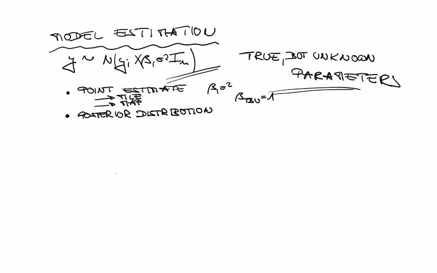And you can estimate this with a point estimate, which will usually be denoted by a beta hat, as, for example, 2. So 2 would be a point estimate for a true but unknown value.